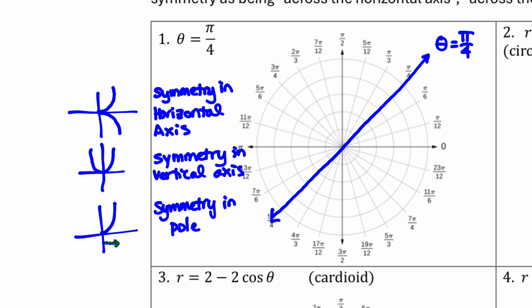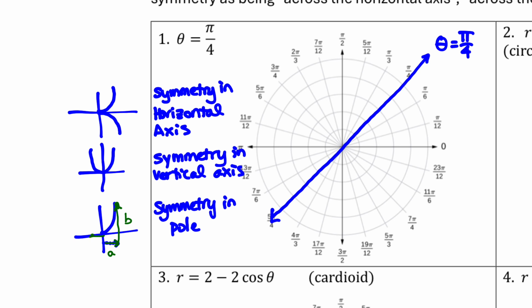So symmetry in the pole occurs if I was to go over a certain amount in the x direction and then up a certain amount in the y direction, I would do the same thing on the other side. I would go back in the x direction and down in the y direction.